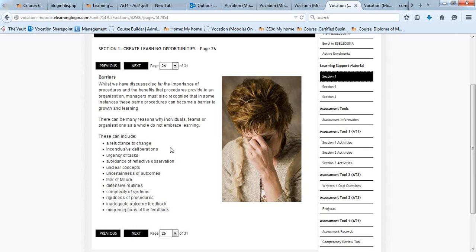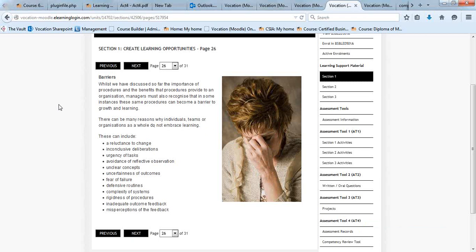These include a reluctance to change, inconclusive deliberations, urgency of tasks, avoidance of reflective observation, unclear concepts, uncertainness of outcomes, fear of failure. That's a really common one. Defensive routines, that's another one too. Complexity of systems, and so it goes on. There's a few there, but it's really important to understand that people have a lot of barriers towards these sorts of things. You've got to be quite sensitive when you're engaging people in these processes.